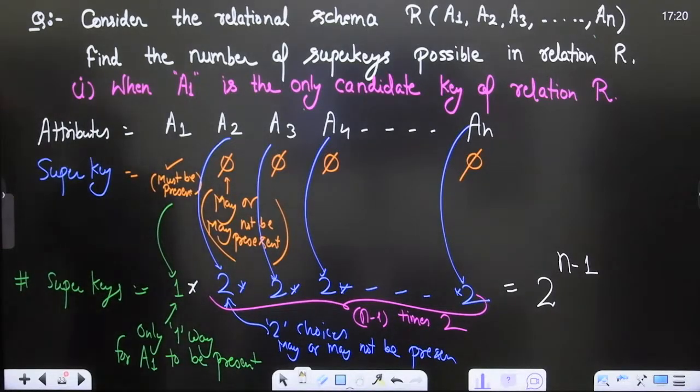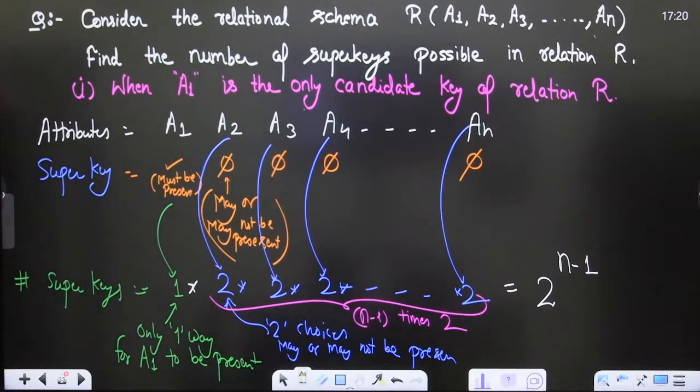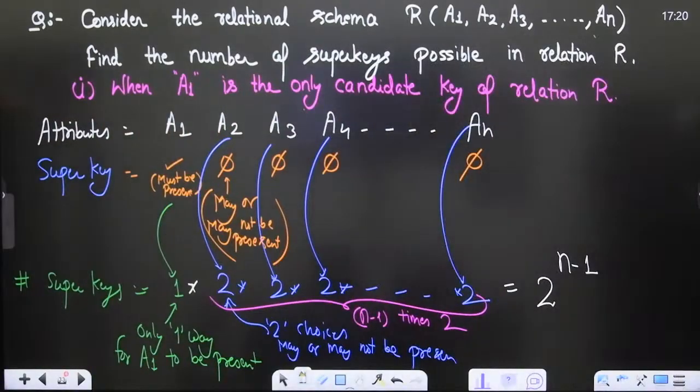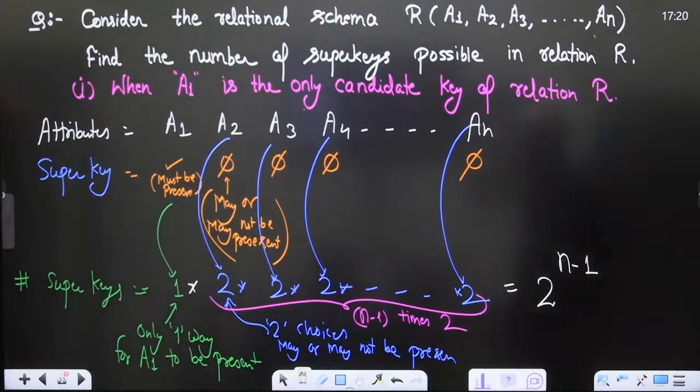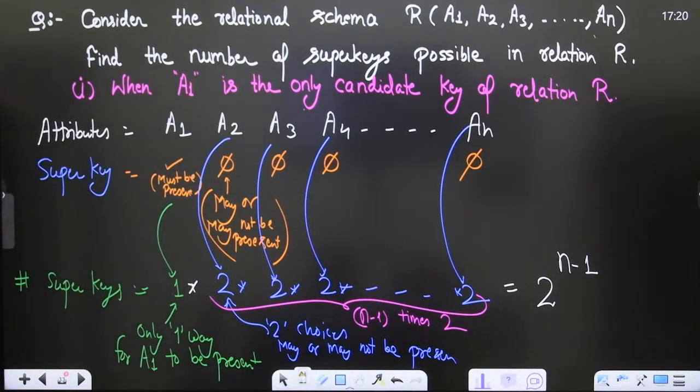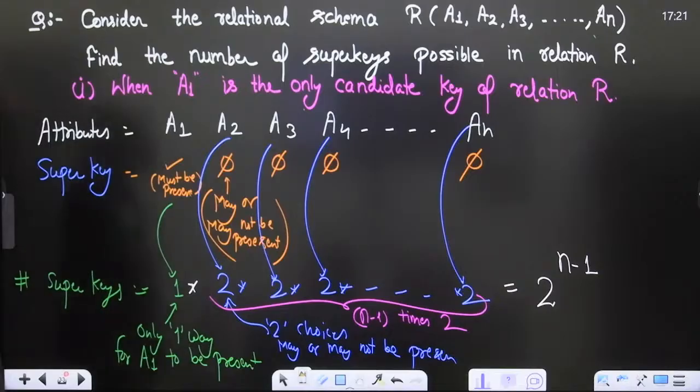Please tell me, all three observations are clear to each and every one of you? If we define any super key with respect to candidate key A1, then A1 must be present, and every other attribute may or may not be present, because as long as A1 is present, it will be a super key.